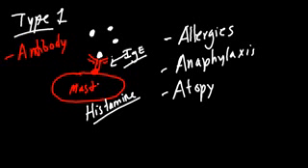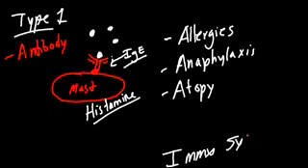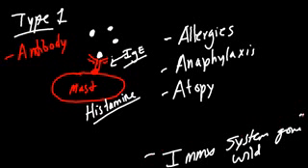So the buzzwords for this: we've got allergies, we've got anaphylaxis, and we've got atopy. We've got immune system gone wild. We can use this for all of them. Immune system gone wild. It's kind of like the science version of those movies, just the immune system gone wild.